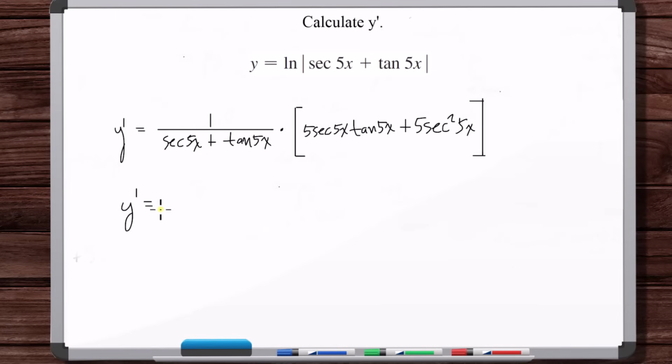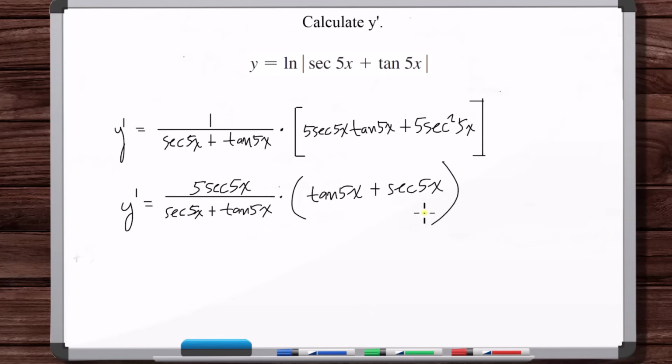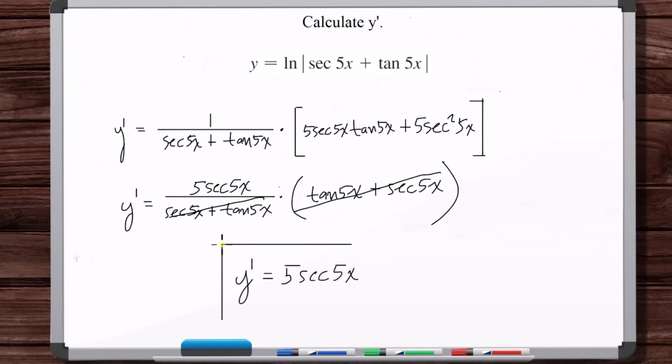Okay, so we can factor out a 5 secant 5x, times tangent 5x plus secant 5x. Okay, these are the same, so we're left with 5 secant 5x. That's the derivative.